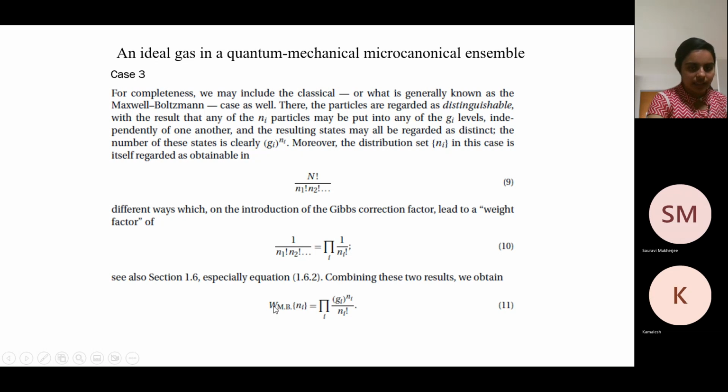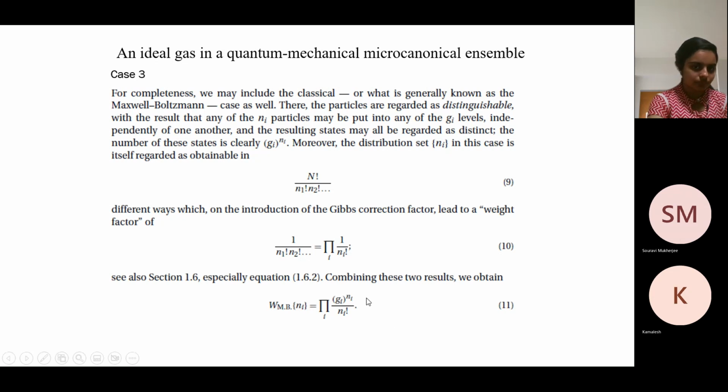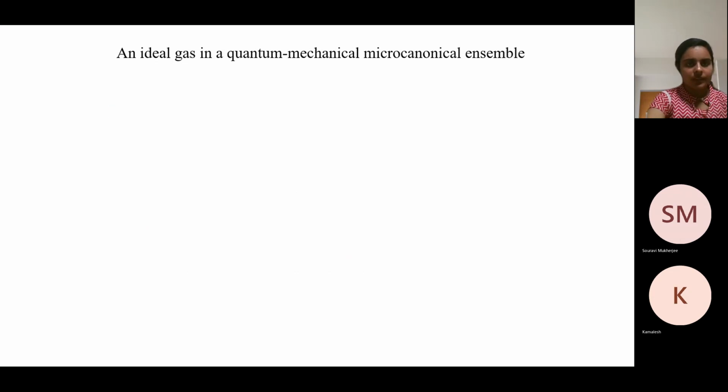That gives the number of microstates for the specified distribution, with N1 particles in state E1, N2 particles in state E2, and Ni particles in state Ei, given by this expression. This is how the number of microstates can be obtained for the different particles.